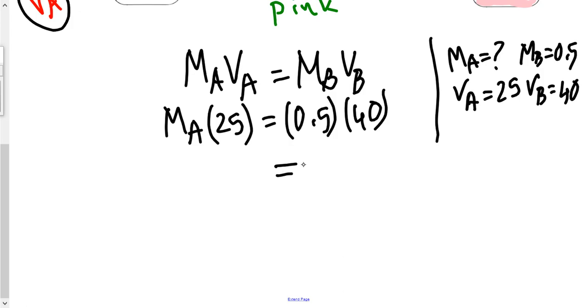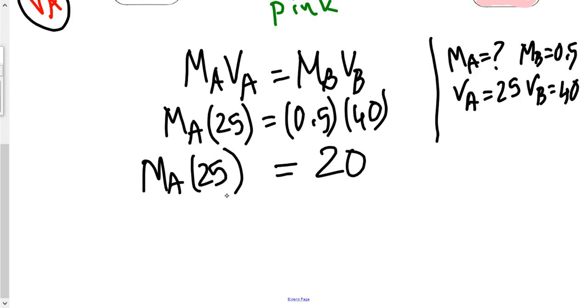So on my right side, 40 times 0.5 will be 20. And on my left side, we have MA times 25. To isolate MA, you have to divide both sides by 25.